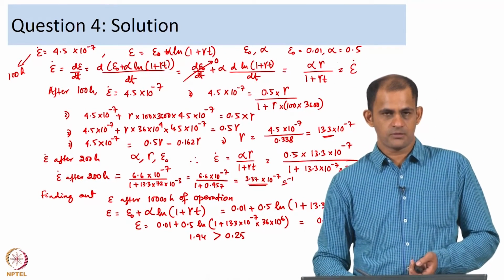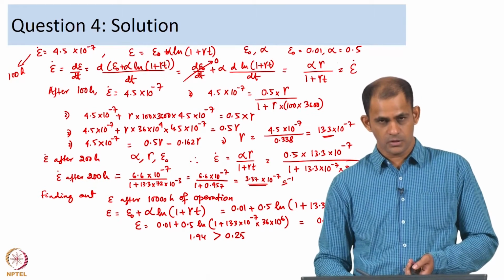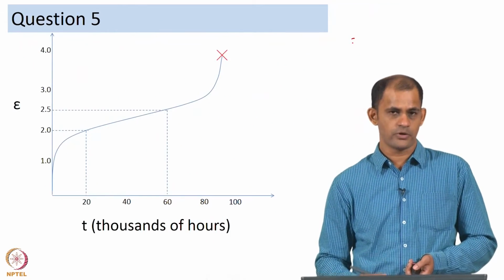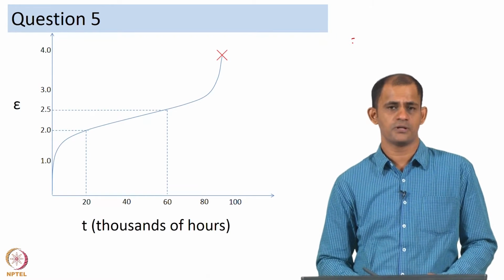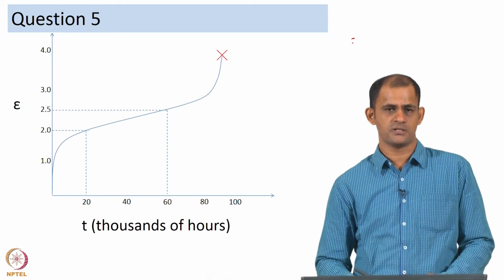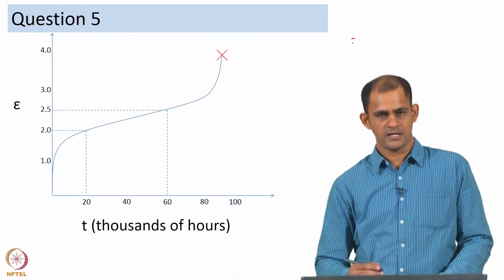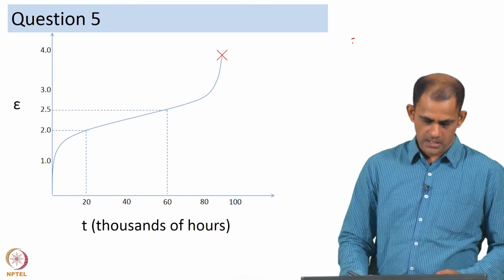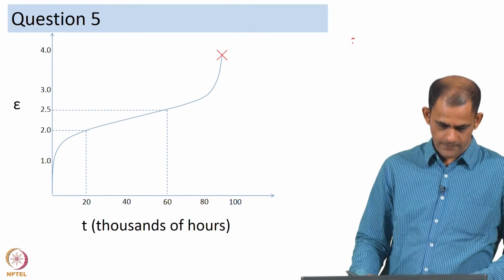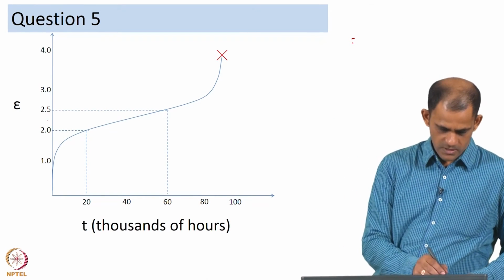Now, let us look at another question, which is also similar in the sense that you are trying to find out the amount of plastic deformation the material is going to experience, and here you are going to use a creep curve. Here is how the creep curve looks, and I have given you some numbers.